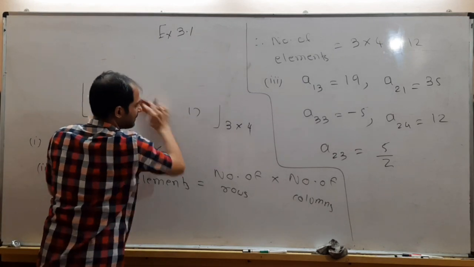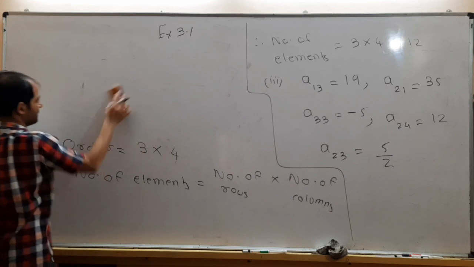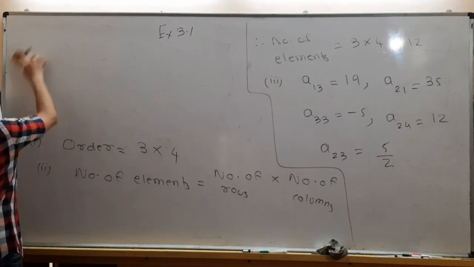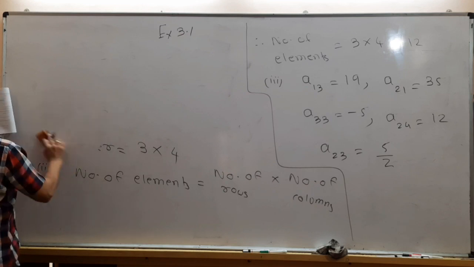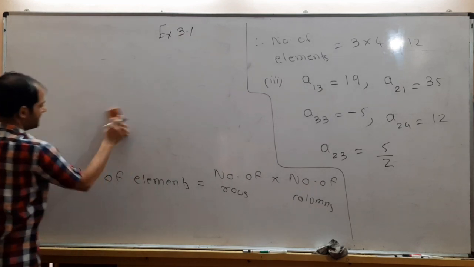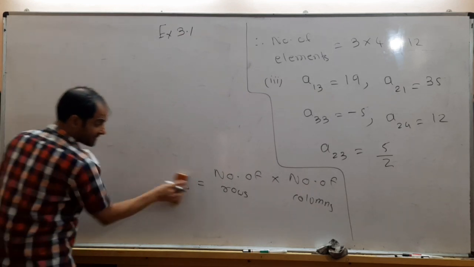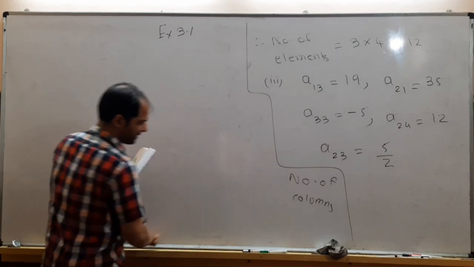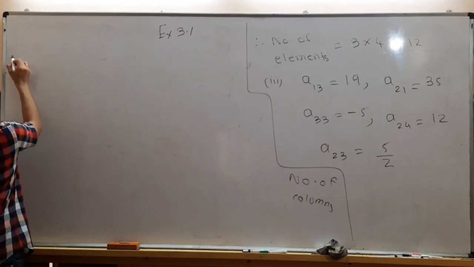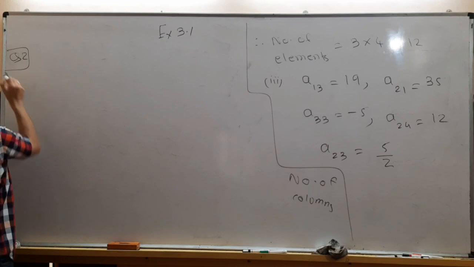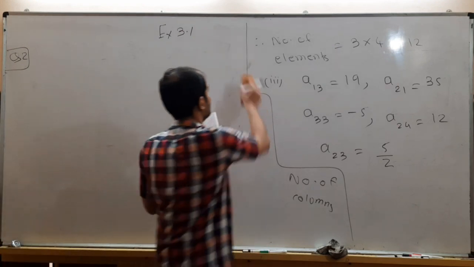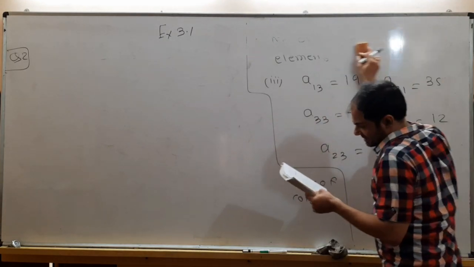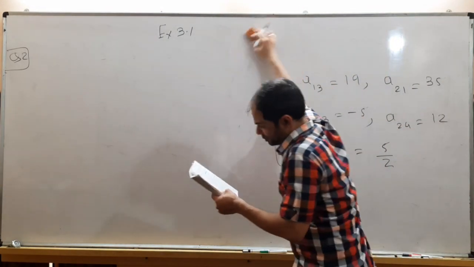Okay, now the next question. Actually the next two questions are exactly the same as the example 2 which I did. So I will solve one of that, question number 2. I will leave question number 3 as homework. So question number 2 says a matrix has 24 elements.